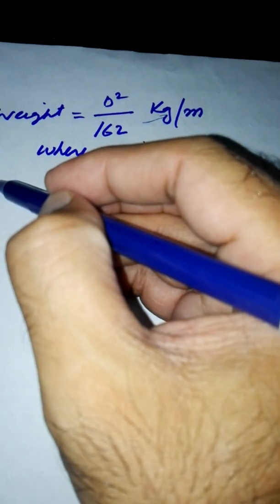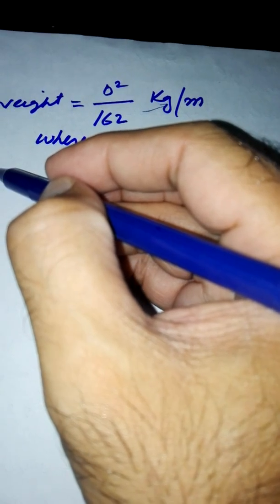The second formula is for pound per meter.